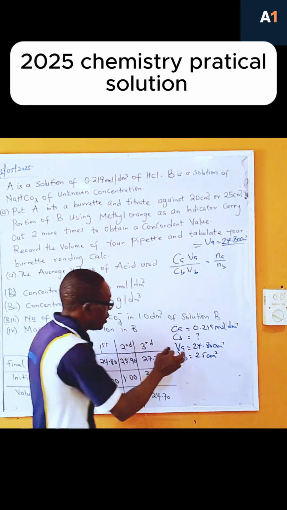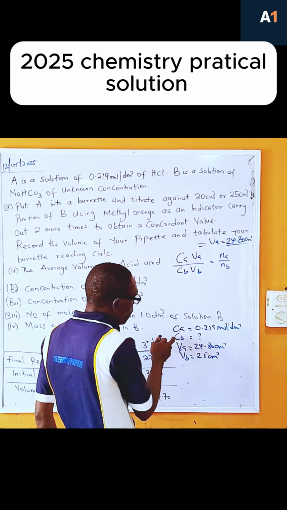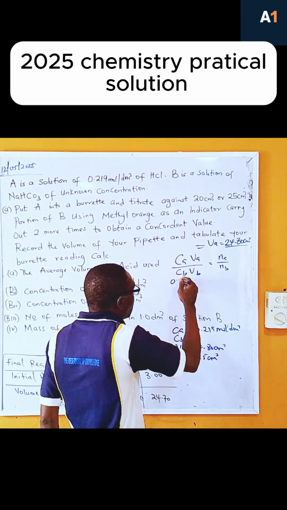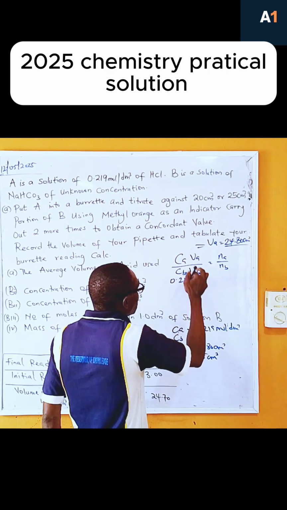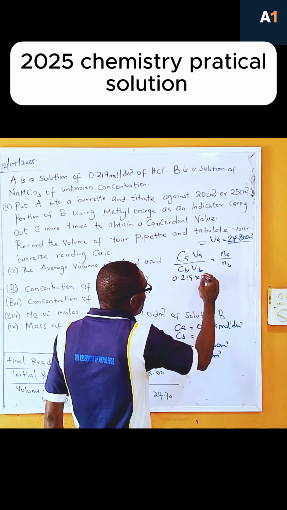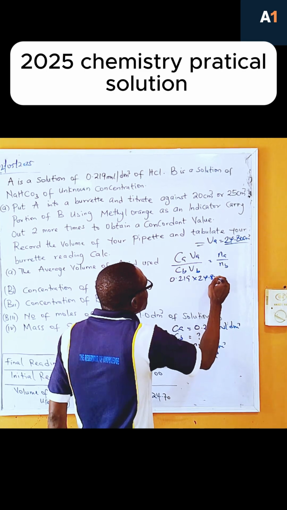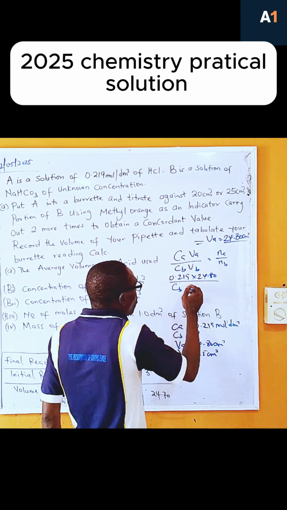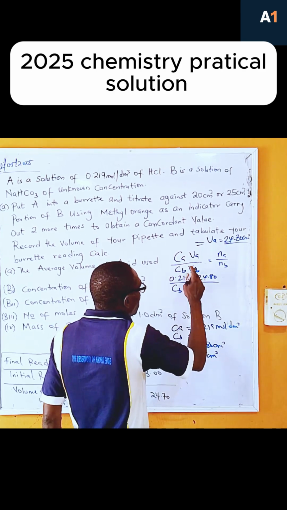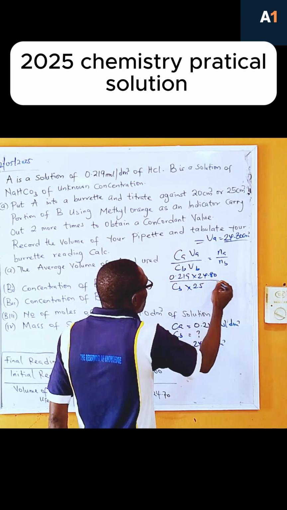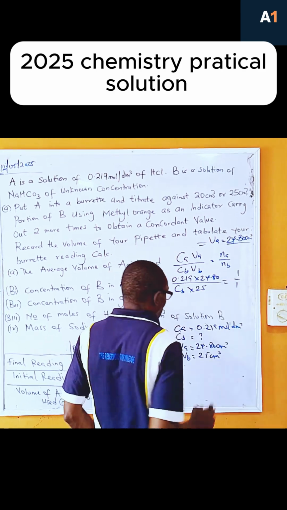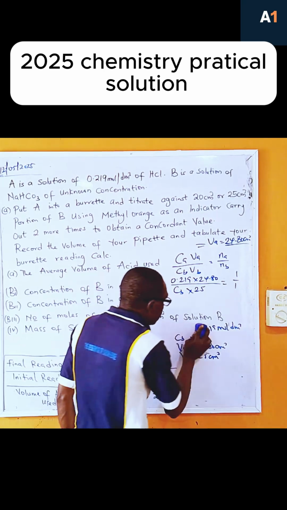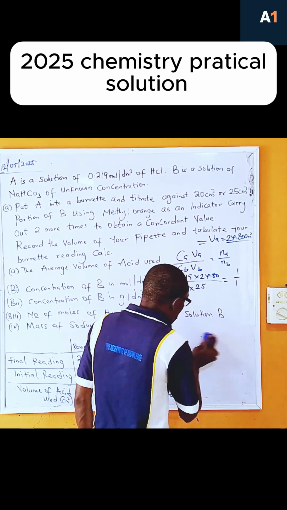To look for the Cb. So now Ca, which is equal to 0.219, times the volume of acid used, 24.80, all over the concentration of base, Cb, which is unknown, times the volume of base used, 25, equal to 1:1. So the next thing we are going to do is to continue our calculation.